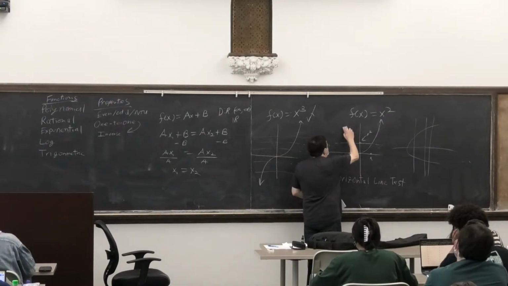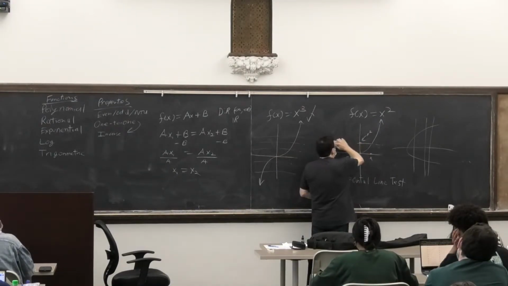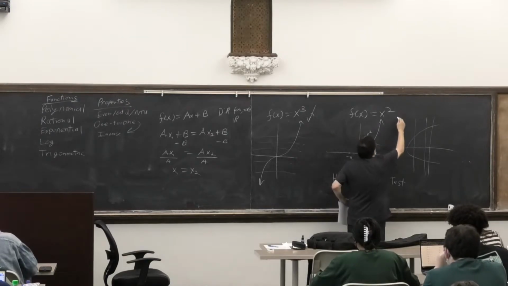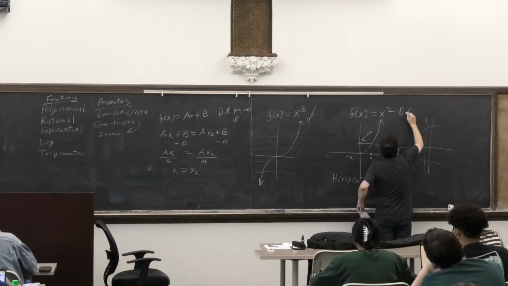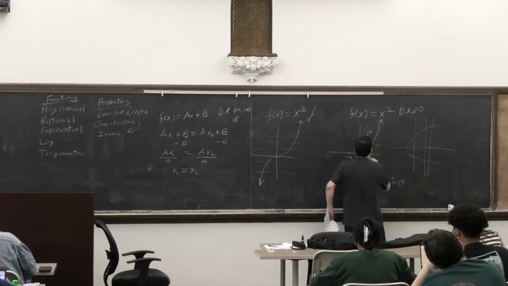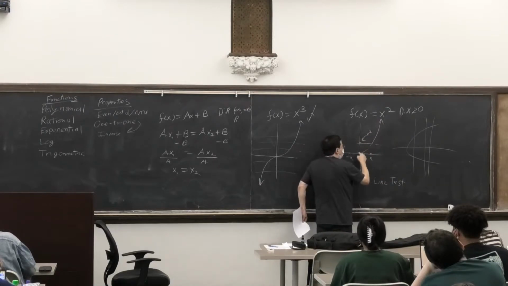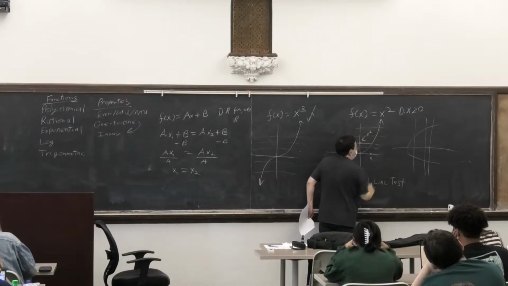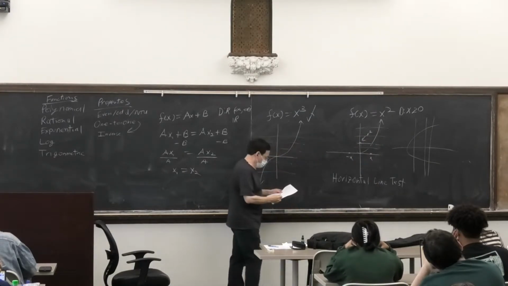We do this by restricting the domain. Let's just say this is now a function with domain x greater than or equal to 0. And now the graph of the function is just this limb of the parabola. And of course it passes the horizontal line test.